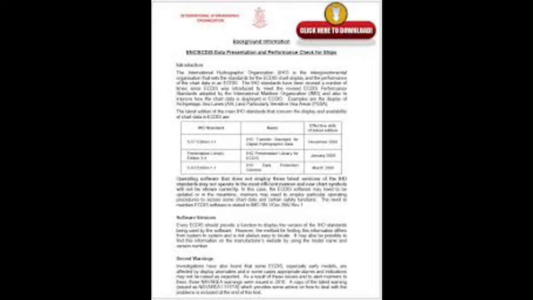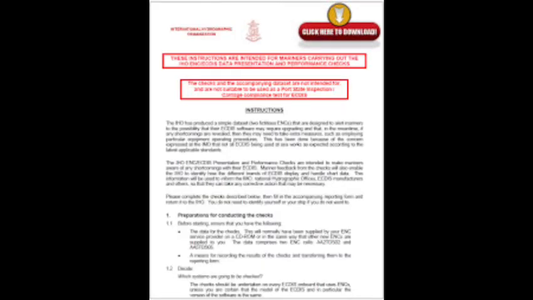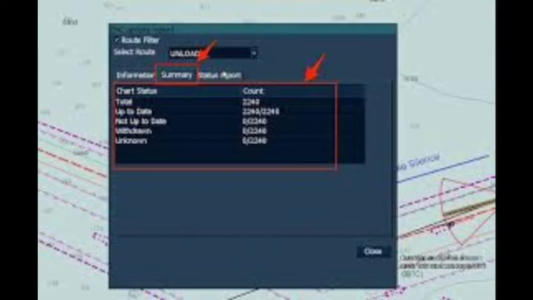Mariner feedback from the checks will also enable the IHO to identify how the different brands of ECDIS display and handle chart data. This information will be used to inform the IMO, National Hydrographic Offices, ECDIS manufacturers, and others, so that they can take any corrective action that may be necessary.